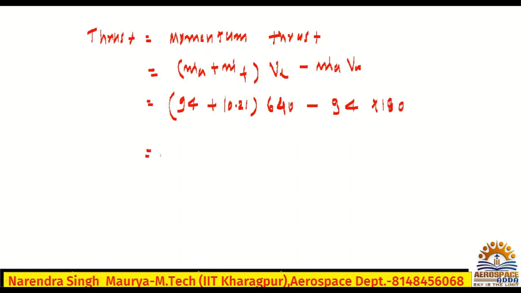Wait, 94 plus 10.21, 104.21 into 640 minus 94 into 180. I'll get here 49,774.4 Newton. This is the thrust.